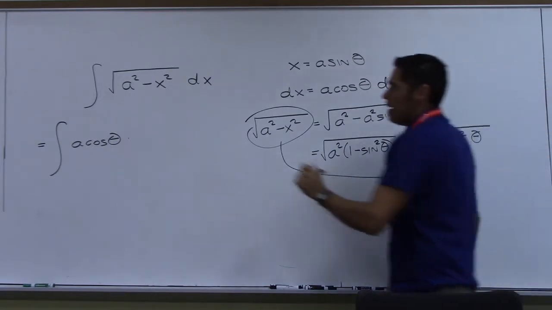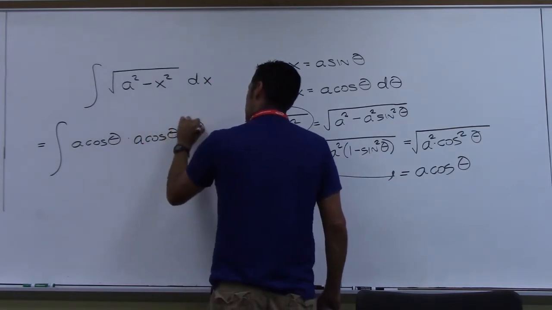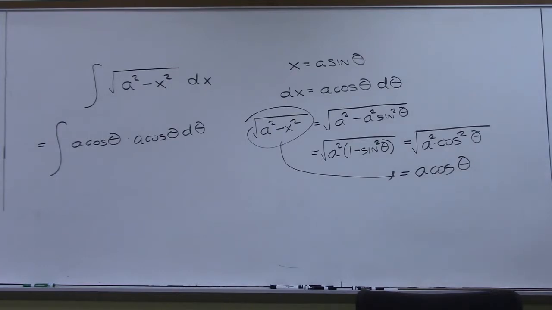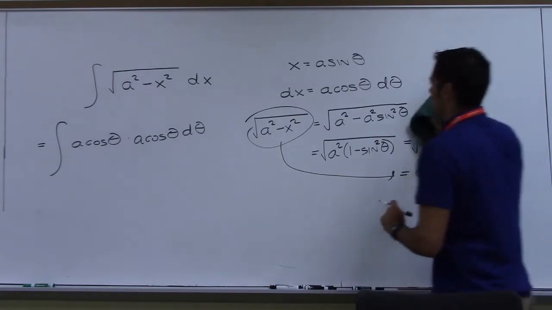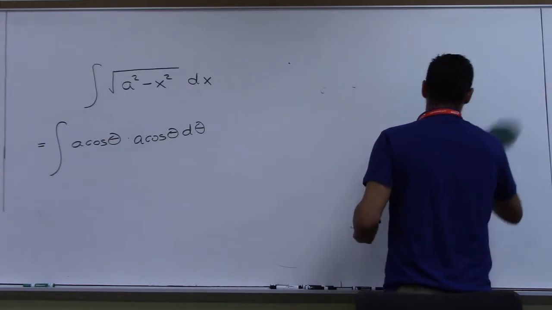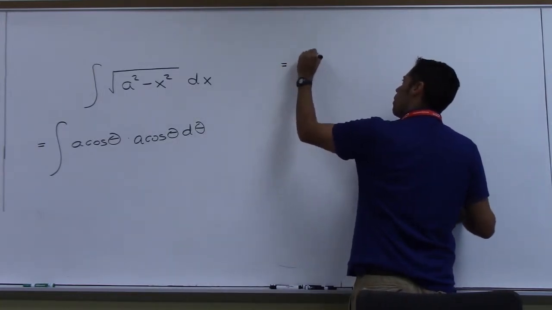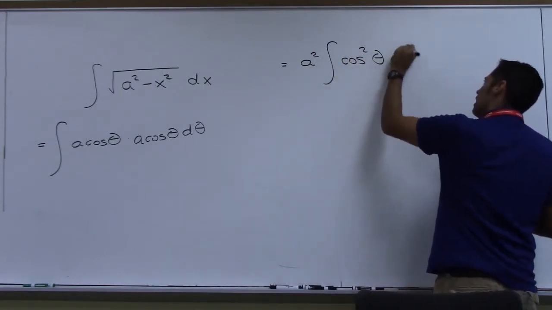So this should be a cosine theta d theta. Which of those are constants? The a's, so a times a is a squared. Bring that outside the integral. And so we get a squared integral cosine squared theta d theta.